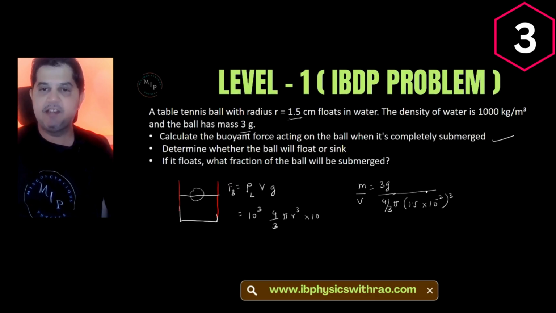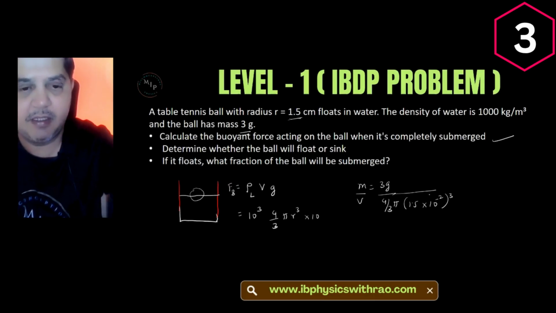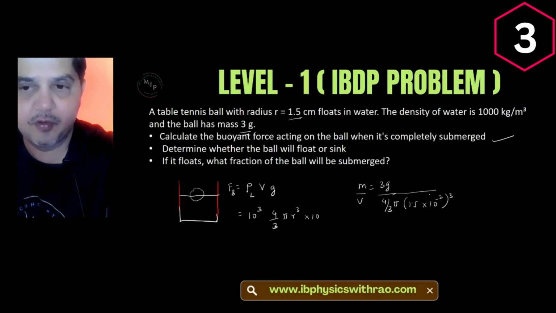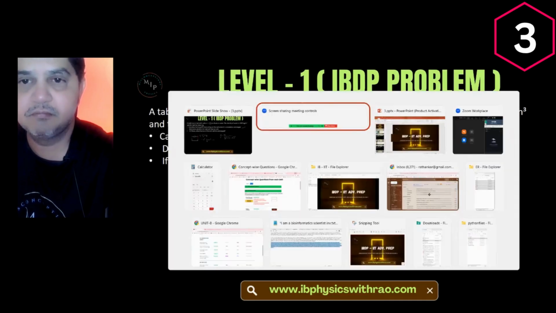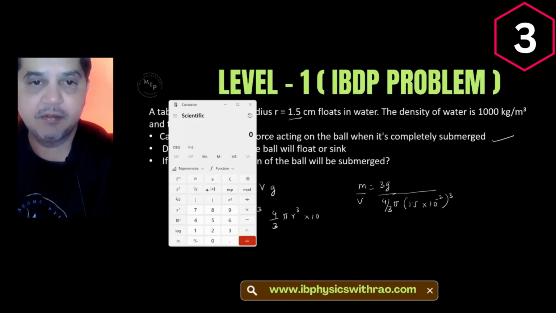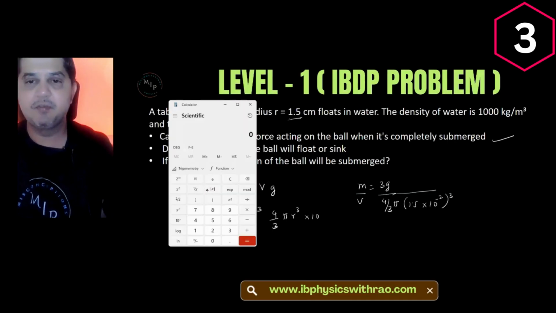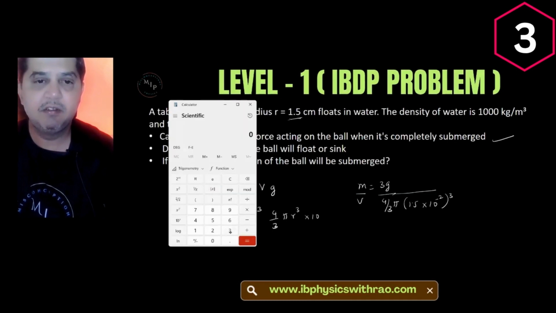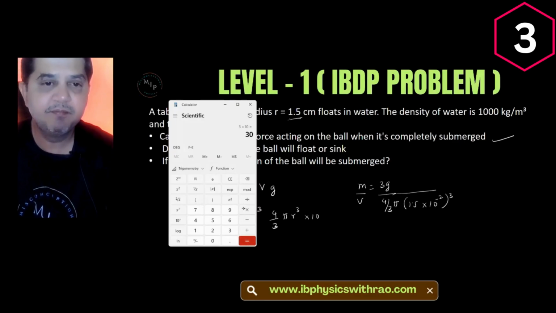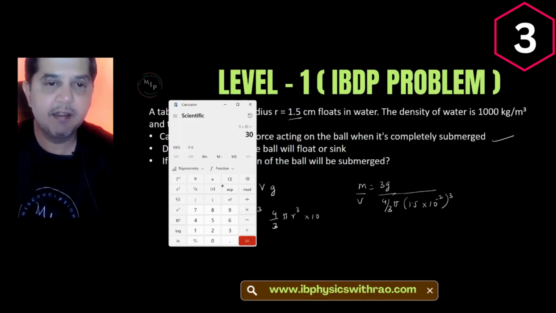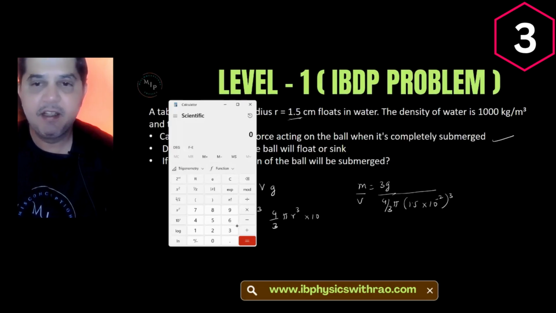Let me just calculate this value to find out whether it floats or not. So this should be 3 multiplied by 10. First, let me calculate the denominator so that I can easily do this, right? We cancel this. This is nothing but 4 by 3 pi into 1.5 whole cube.